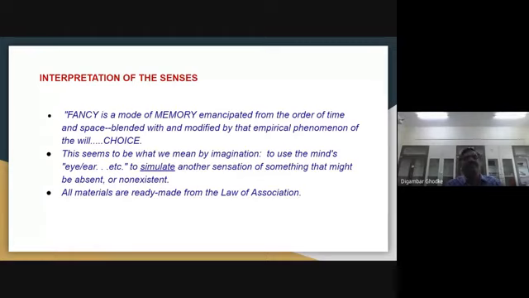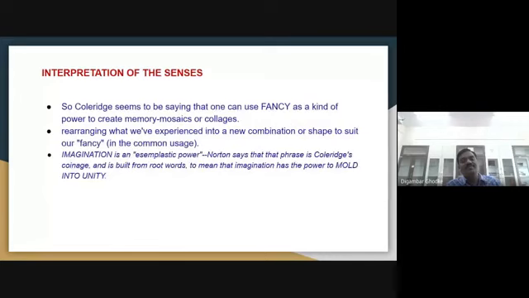Okay, so all materials are ready-made from the law of association, but we interpret this material by using our imagination. So through this discussion, we understand that fancy is a kind of power to create memory mosaics. You might be knowing mosaic.